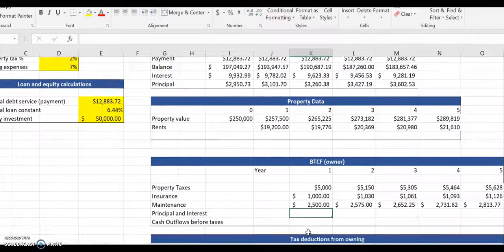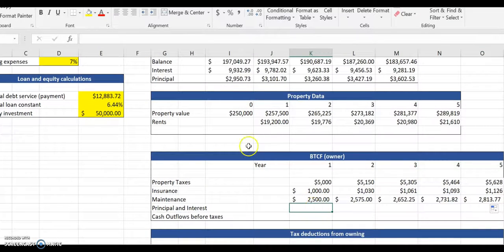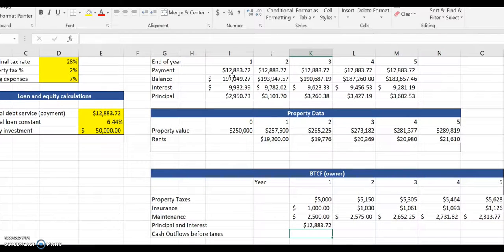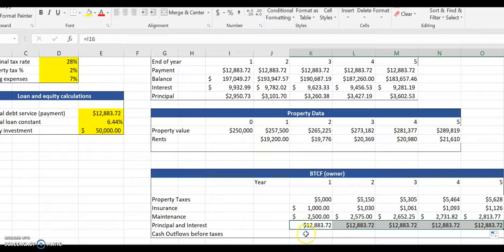Okay, our principal and interest is our payment. So we'll just do equals this. Okay, now we just have to do the sum of all of these.